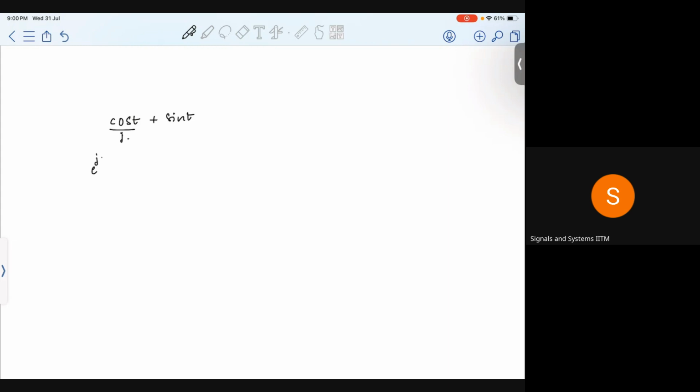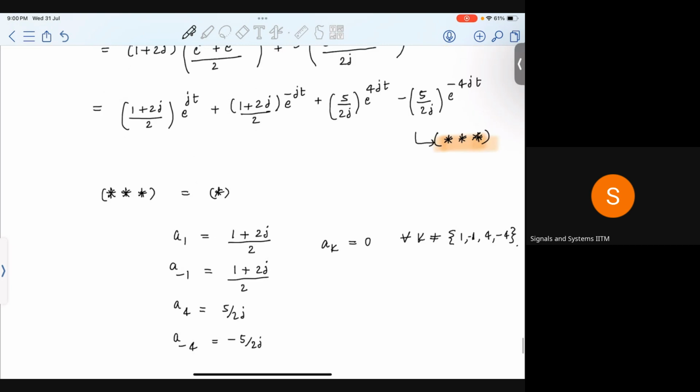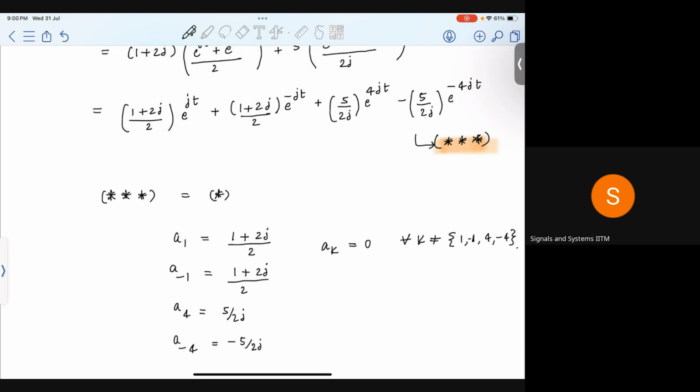This is e power jt plus e power minus jt by 2j plus e power jt. This and this get cancelled, and you only have a1 here. So it just happened for this problem that they came in pairs. That's all. There's nothing specific to that.